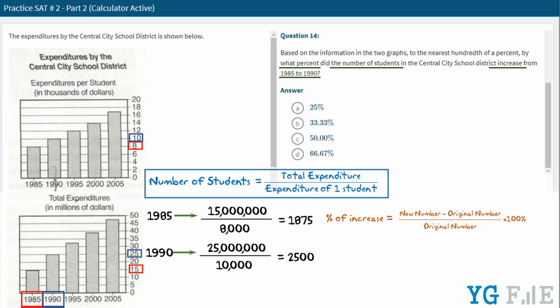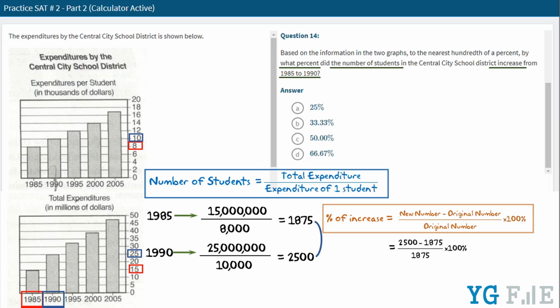Since we want to find the increase from 1985 to 1990, the original number will be the number of students in 1985. So we substitute our values into this formula.